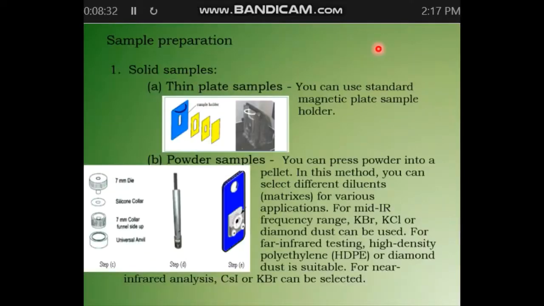These are a few methods of sample preparation. For solid samples, we use thin plate samples. Simply we insert the sample here and then we place it in the slit of the instrument. If you have powder samples, you may have to prepare KBr pellets.